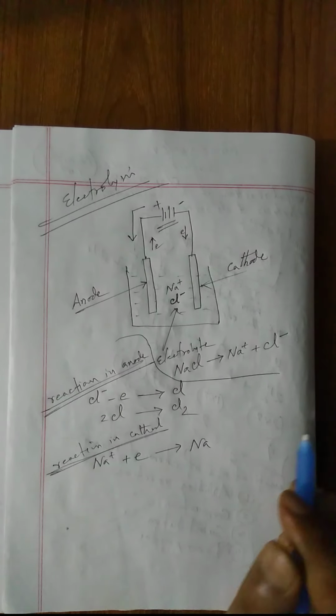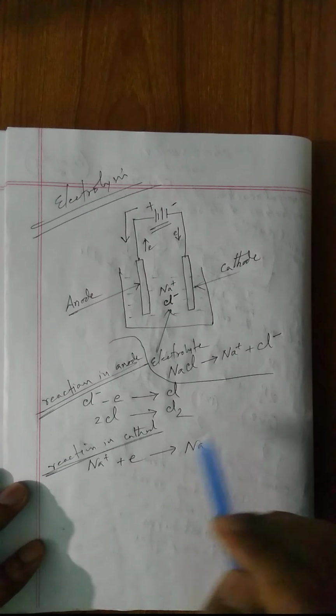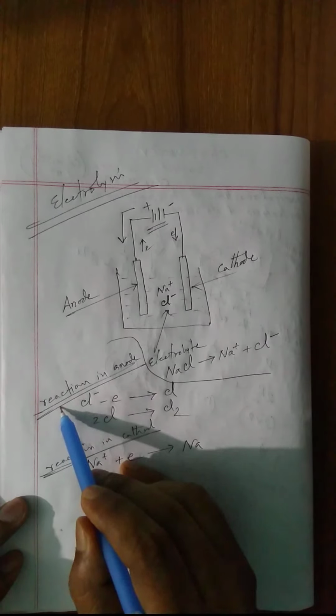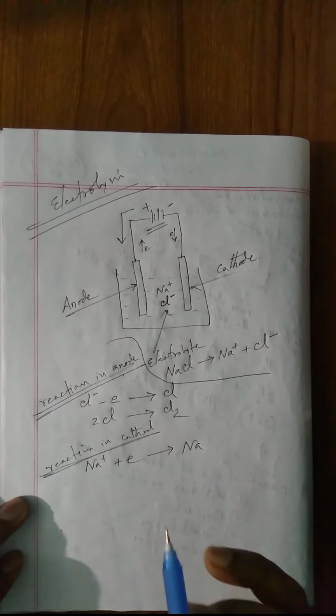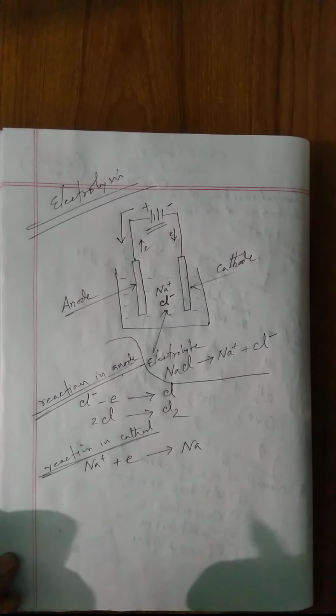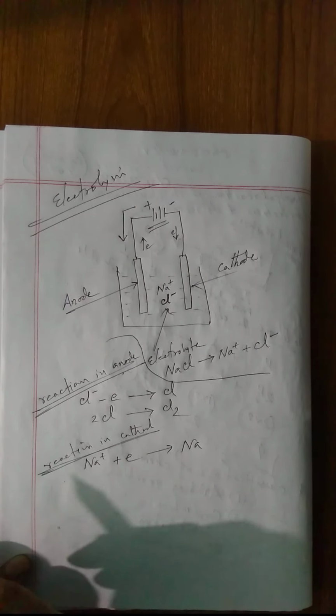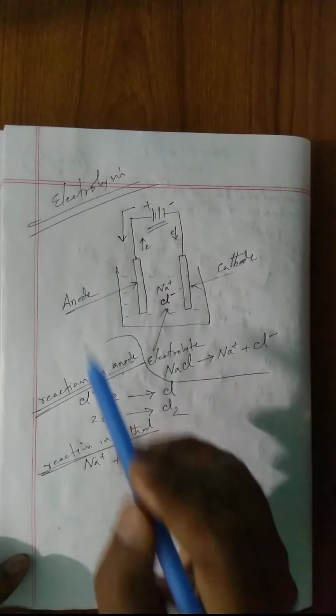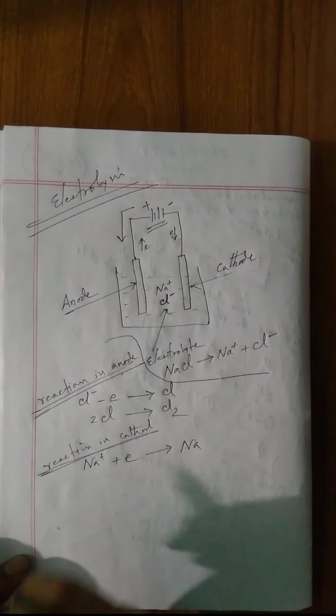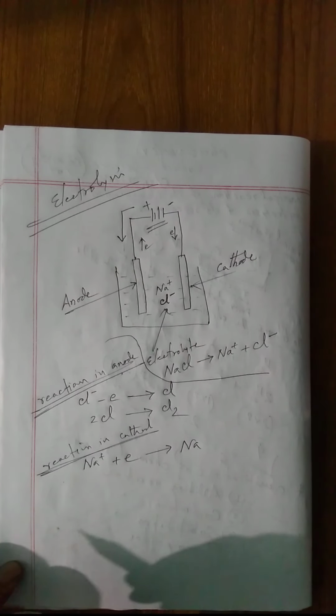By this process, the chemical reactions, that means the reaction in the anode and the reaction in the cathode, occur by following electricity, and this process is electrolysis. And the cell in which this process is carried out is known as an electrolytic cell.